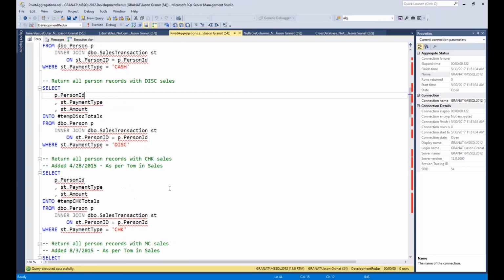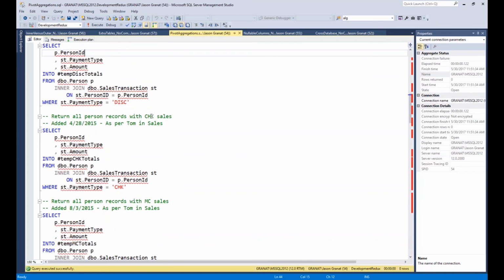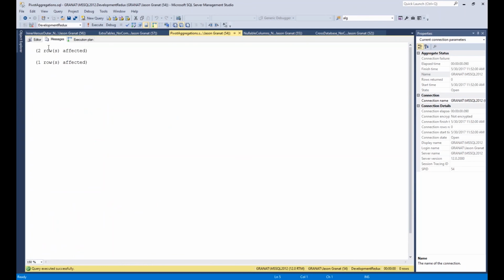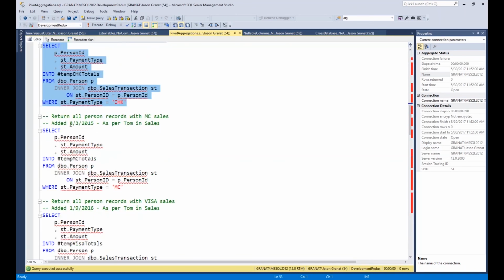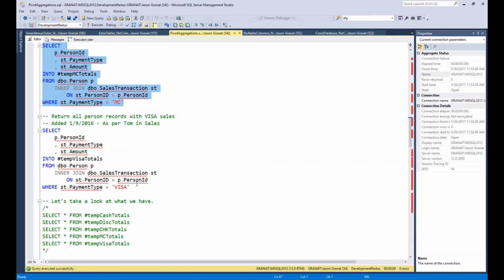But as you're working through the data, you may see, oh, hey, we need to return check sales, right? So you can see that on April 28th in 2015, somebody added this per Tom in sales, right? So now we have check totals. And then on 8/3 in 2015, Tom in sales again said, hey, man, I want MasterCard sales, right? So we'll go ahead and get our MasterCard totals.